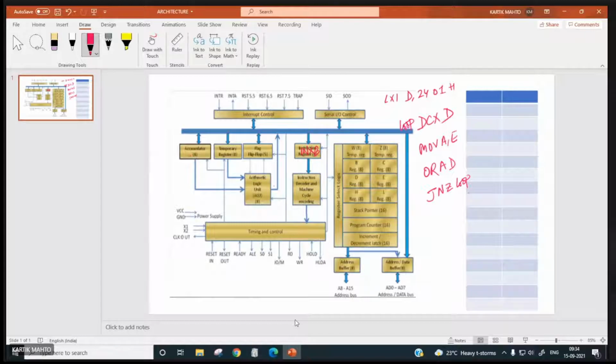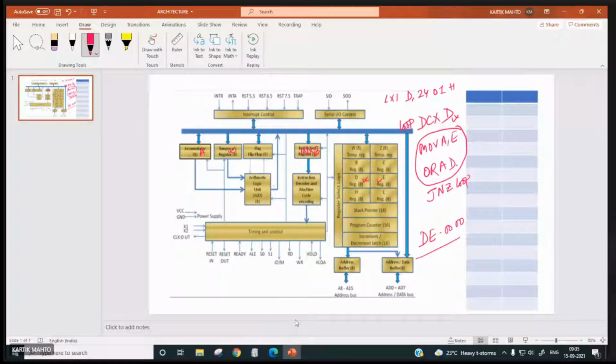Why are we doing this? For checking whether the DE register pair has become 0000 or not. With each decrement, the DE pair will be decremented. E will be copied to the accumulator, then ORA D will be done.